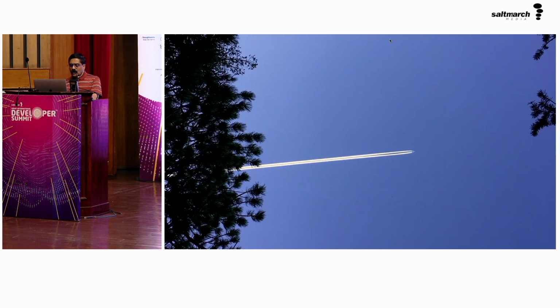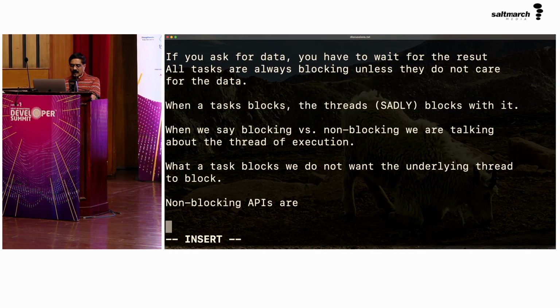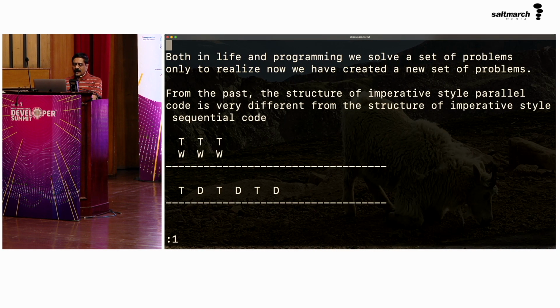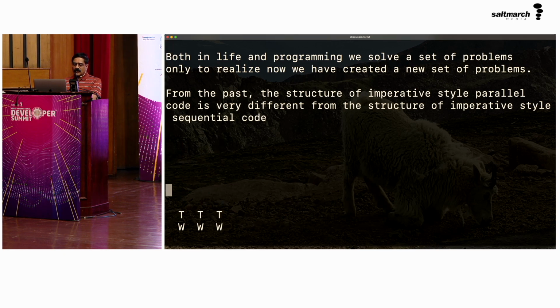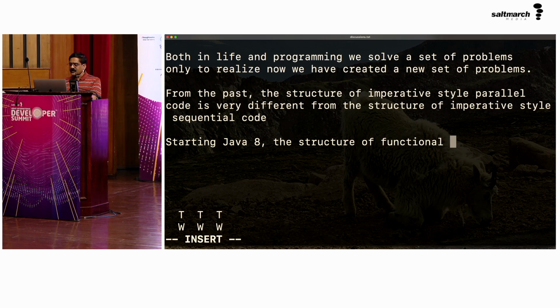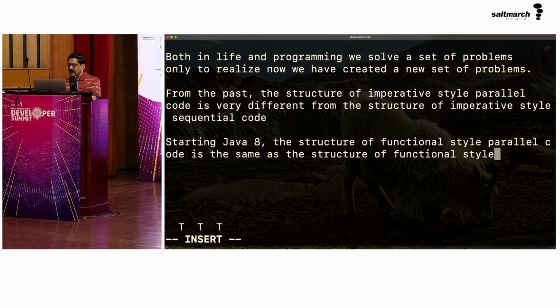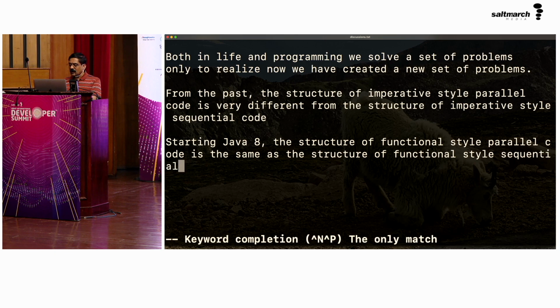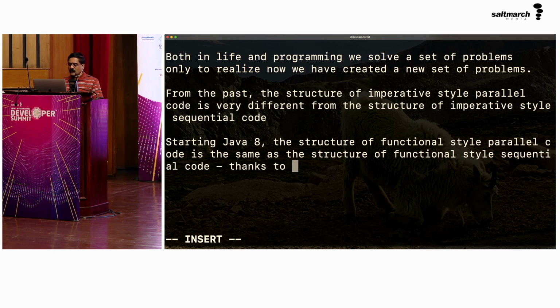But before going into completable future, let's talk about this for a minute. Going back to what I said earlier about the past, let's go back to this and add it. Starting Java 8, the structure of functional style parallel code is the same as the structure of functional style sequential code, thanks to, what should we send the thanks to?